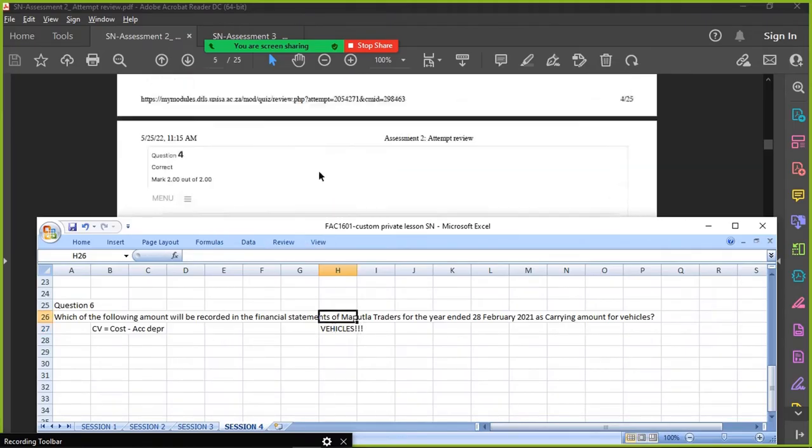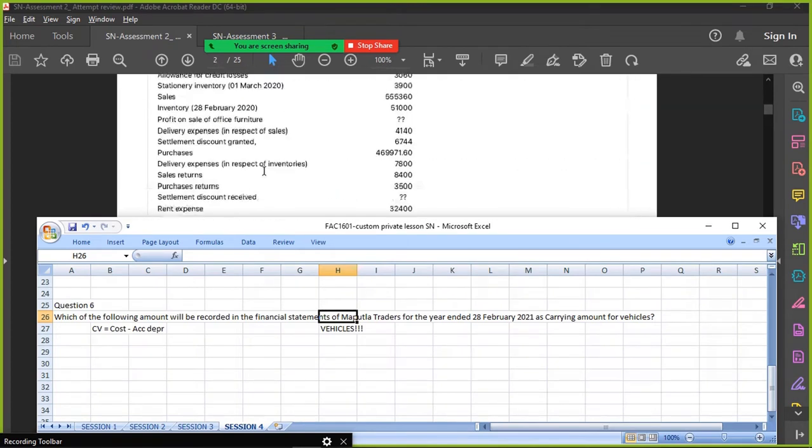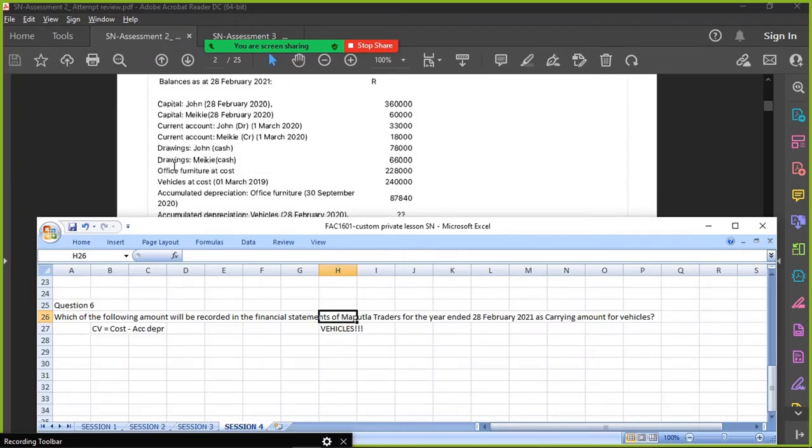So let's go and see what we've got in the question. If we start at the top, we need the vehicles. This was long ago, so we need to draw a timeline. 1 March 2019. The vehicles had a cost of 240,000.